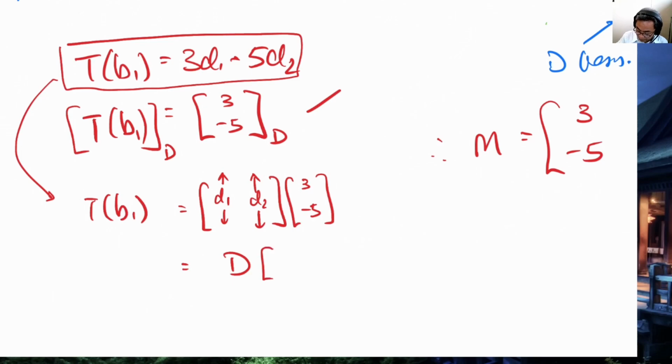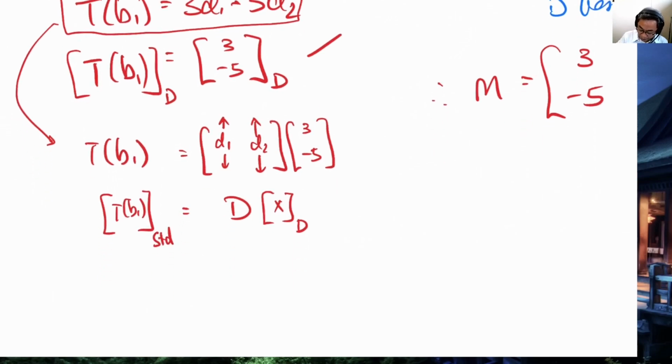This is [T(B1)] in the D basis, and this is T(B1) in the standard basis. If you remember the equation, this is the transformation to change from the standard basis into the D basis.